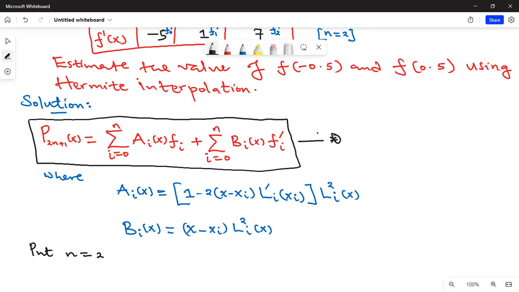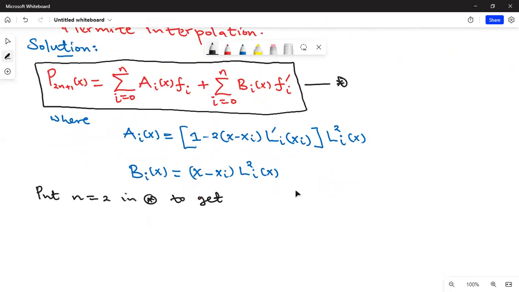Put n is equals to 2 in star to get, when you substitute n is 2, this is what you're going to get. So we'll now be talking of p. Remember now 2 times 2, that's 4 plus 1, that's 5. So the degree of the interpolating polynomial must be at most 5.